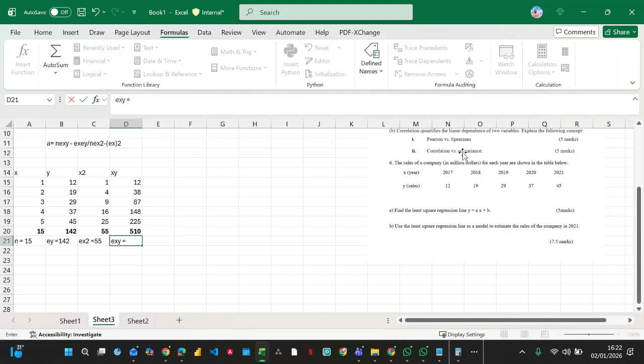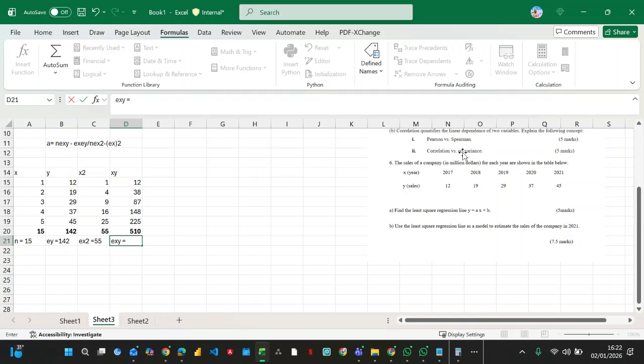Okay, so now when you have a regression analysis like this, the y here is the dependent variable.